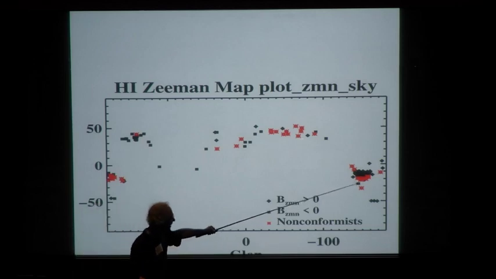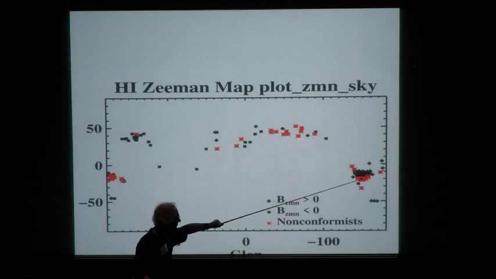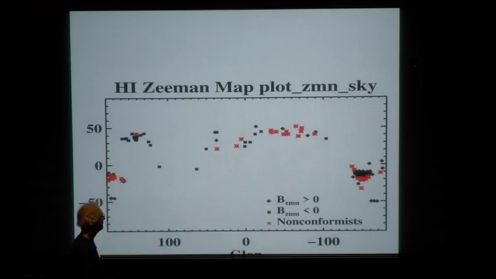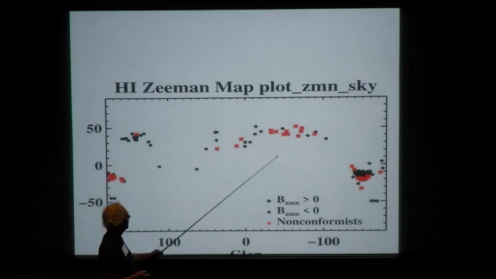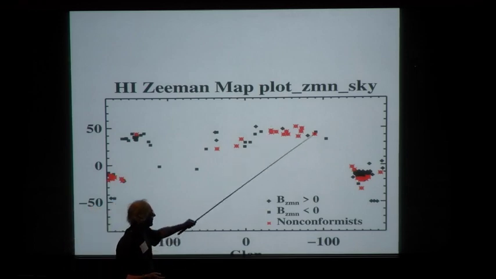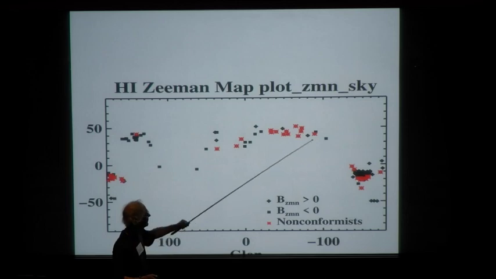This is the Orion region down here. They cluster in there, but I'm not going to have time to talk about those. So let's look at why these might be different.